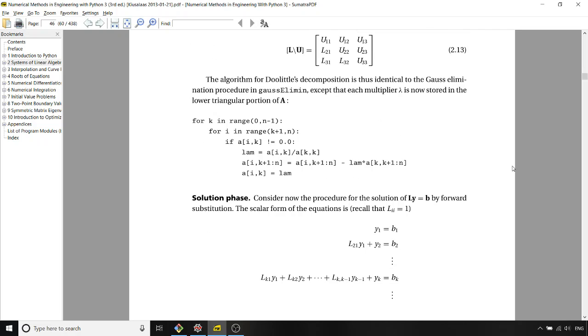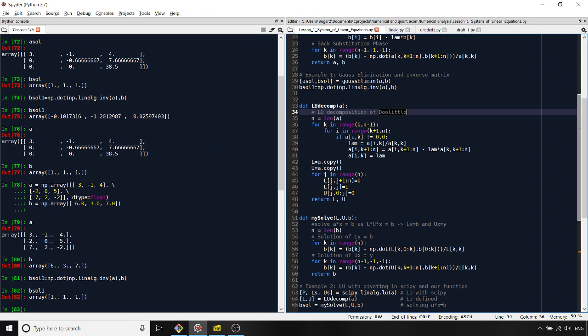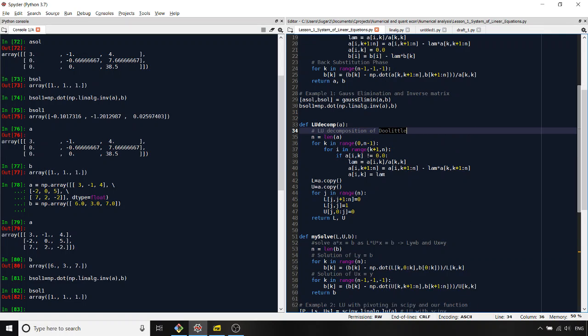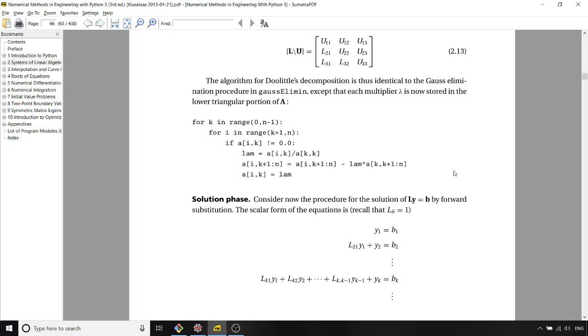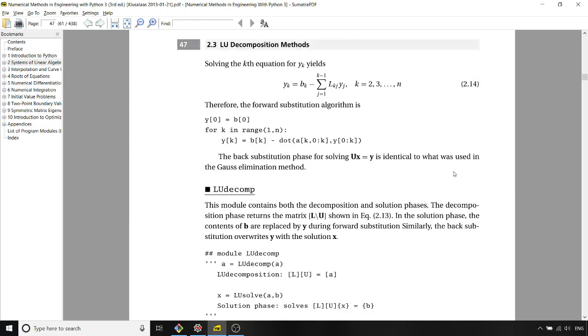And the implementation of the code is here in the book. I just copied the same function in Python here. Let's go back to the book and let me talk more explicitly about how it is handled.